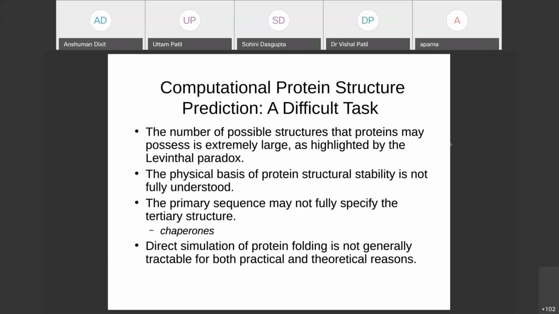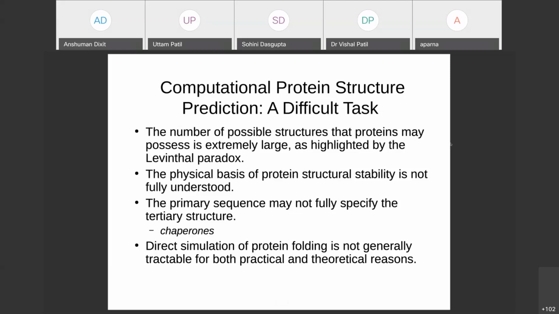Now, why is this particular task quite difficult? The first thing is that the number of possible structures that proteins may possess is extremely large, as highlighted by Levinthal's paradox. I will not go into this paradox, but I can give you an example.